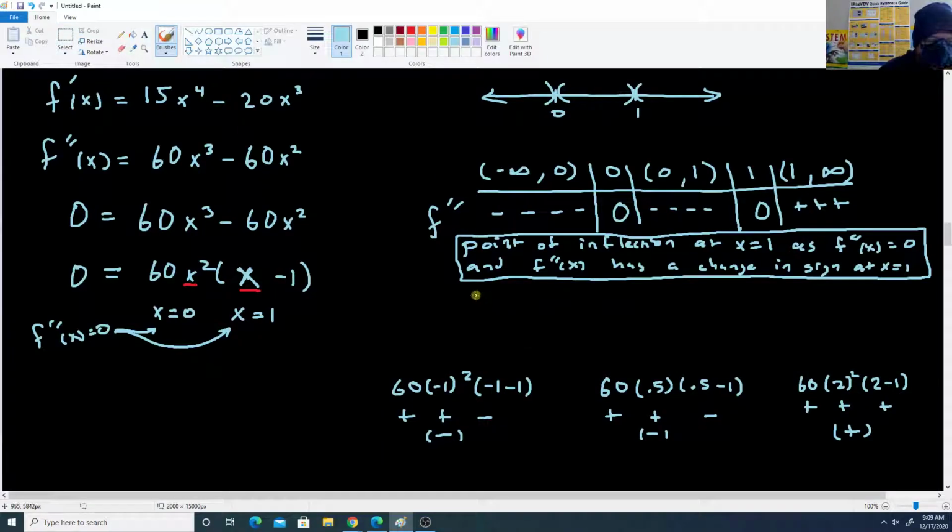Okay, we're going to get f is concave, we'll write down first, down on negative infinity to 0 and 0 to 1. The reason for that is f double prime of x is less than 0 there.